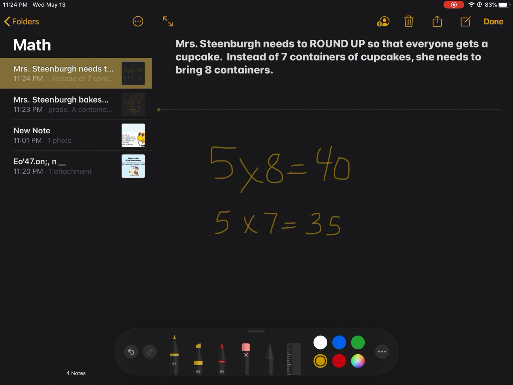So if I only have 7 containers, 7 was my quotient, right? Then I'm going to have 7R4. I'm going to have 7 full containers and then 4 cupcakes left over.